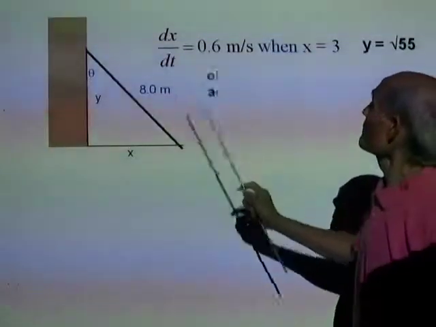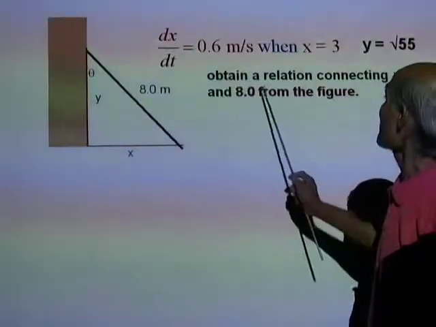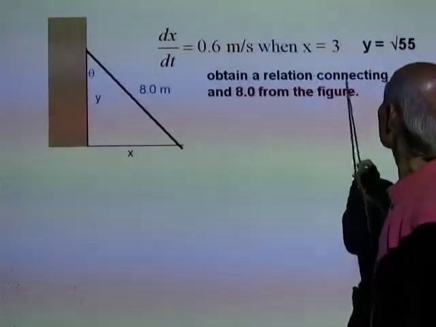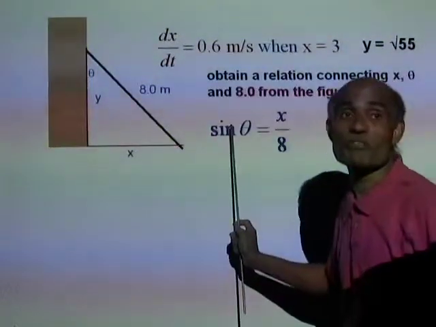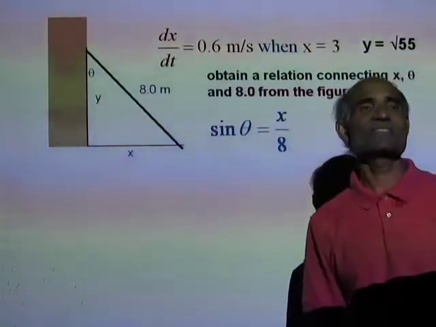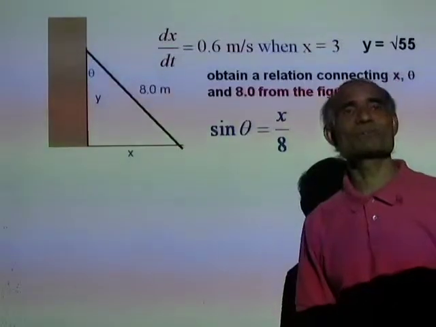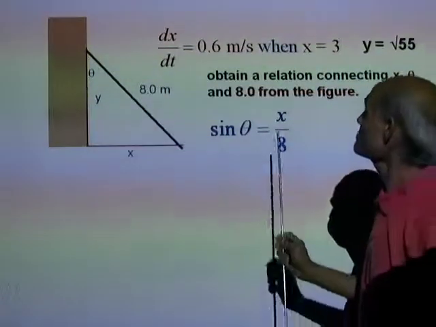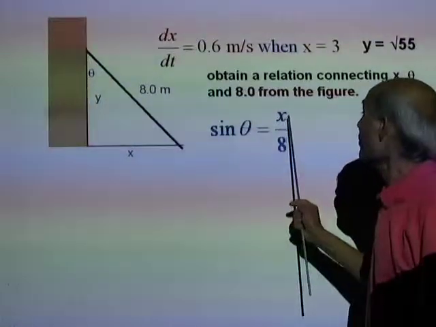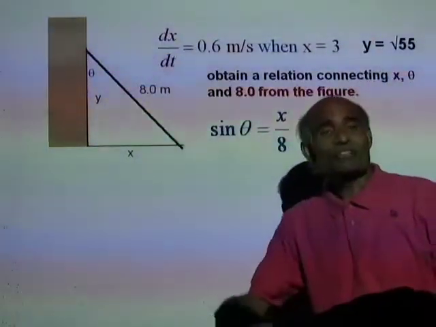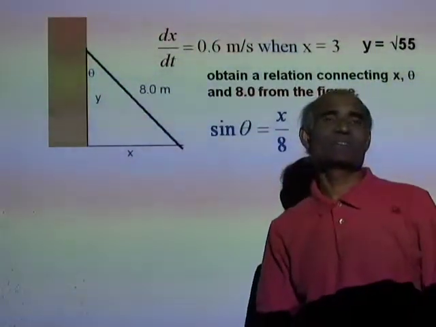So now we have a relation connecting x, theta and 8 from the figure: sine theta equal to x over 8. What we need to do is to find d theta by dt when x is changing at the given rate.